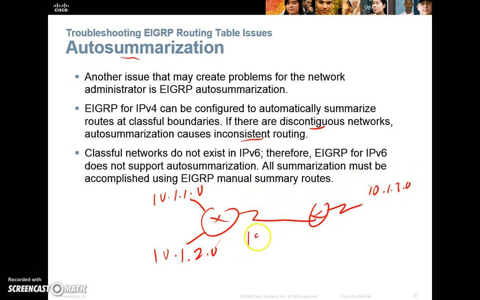These 2 links are connected using the 192.168.1.0 network. Then this will create a problem because your networks are not contiguous. They are disjoint. If you have this kind of network, you should disable auto summary, unless you are sure that your network is designed very well and all the networks are on one side, that they are not disjoint.